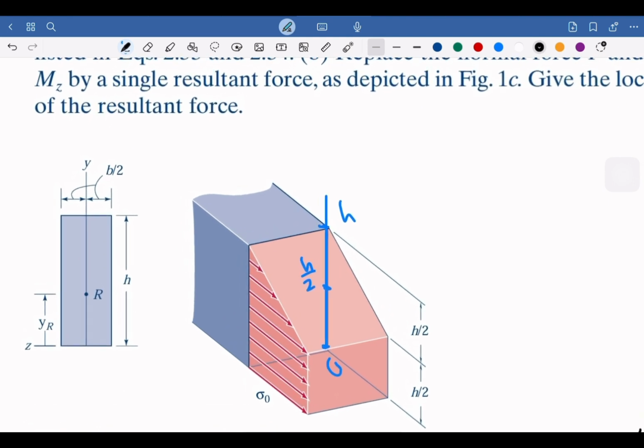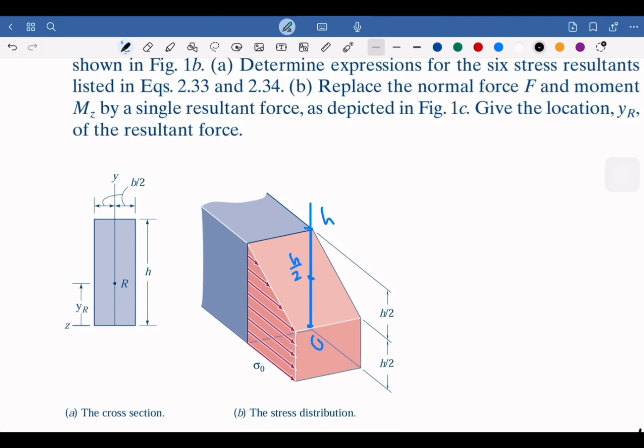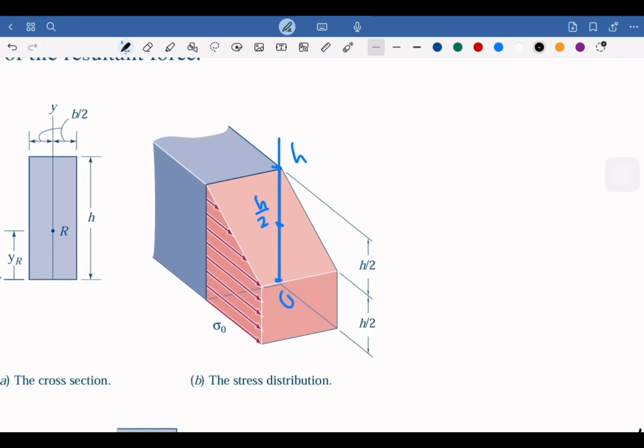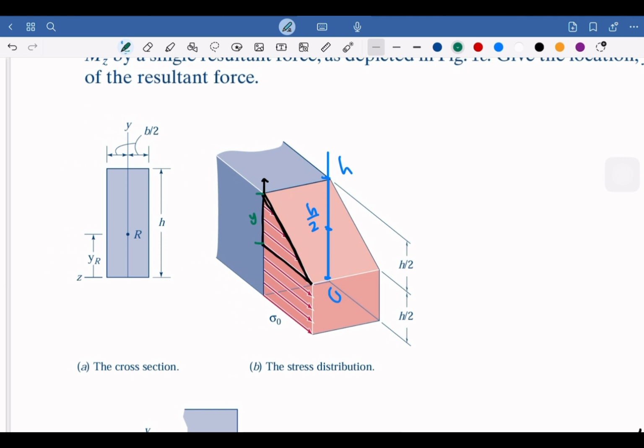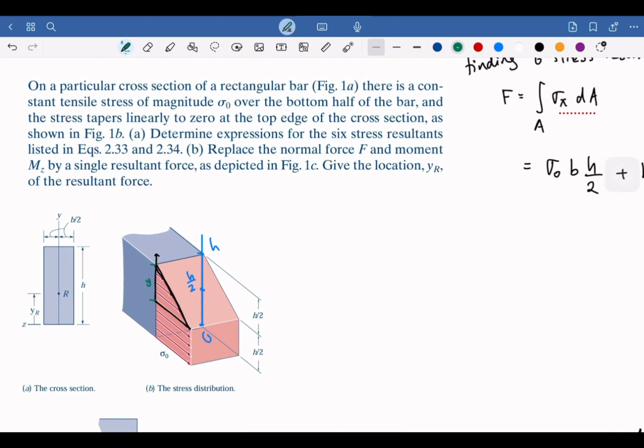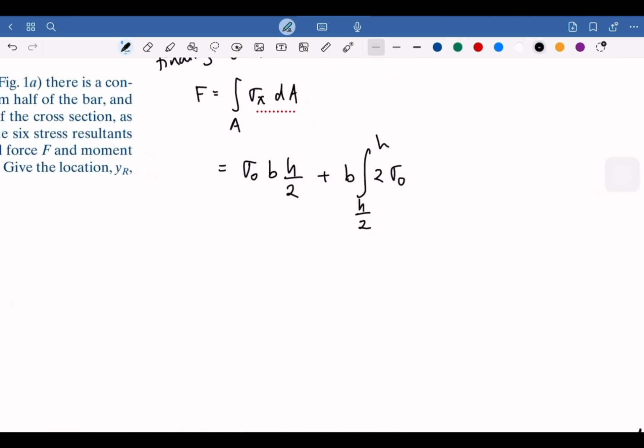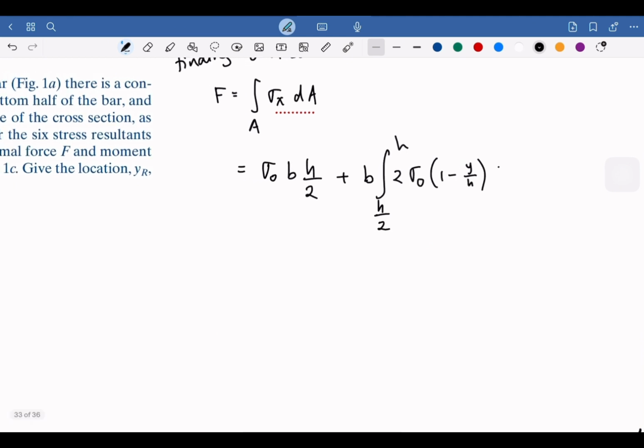So y over h. Based on the triangle, we have 1 minus y over h, this is dy.